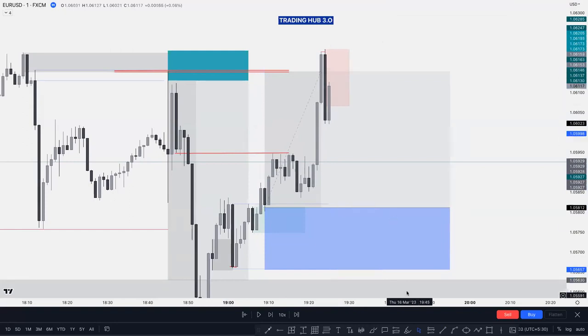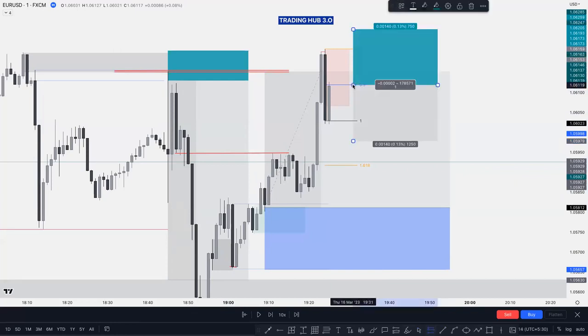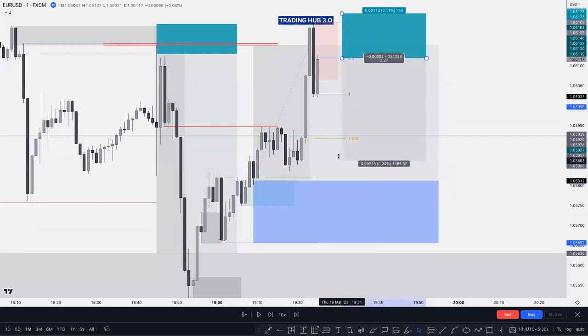This is actually an order block, and you can sell here at 50% of this candlestick. It means you can sell at the current price action, put the stop loss just above it, and the target is here at the most.